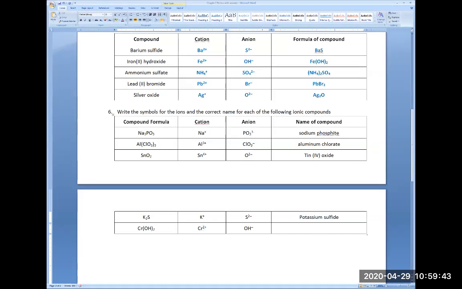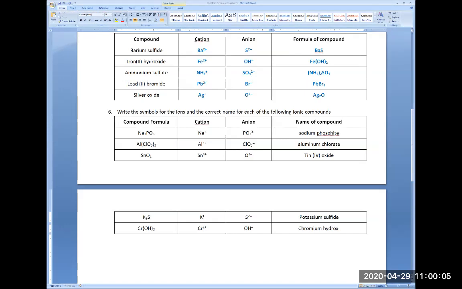And so the name, it's chromium. Okay, so tell me the name. Yes, there is hydroxide.